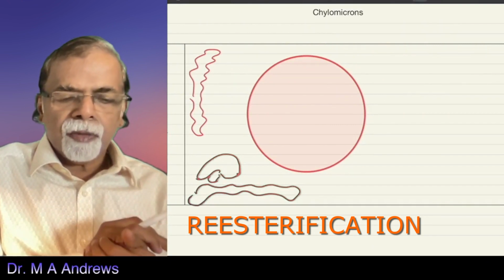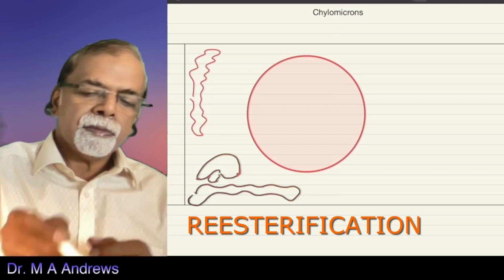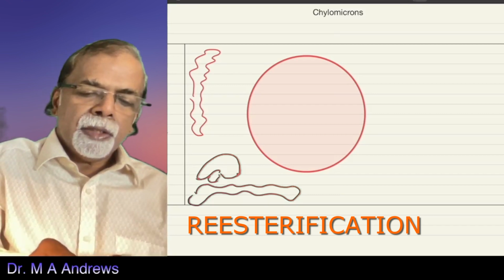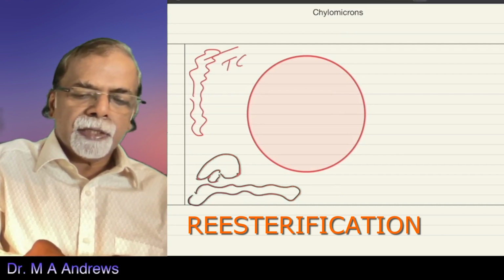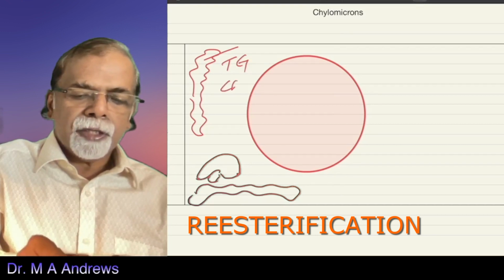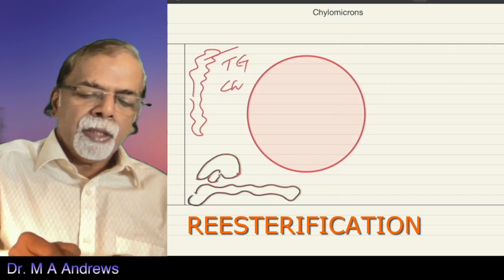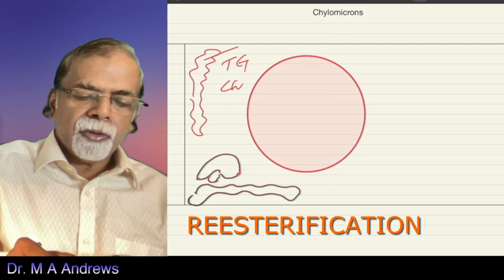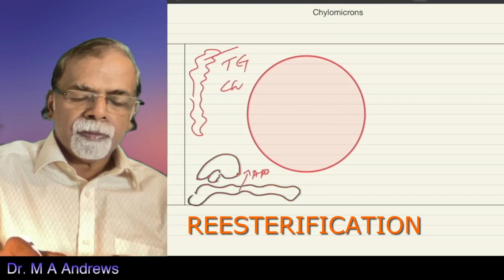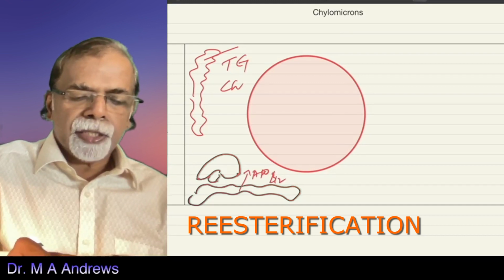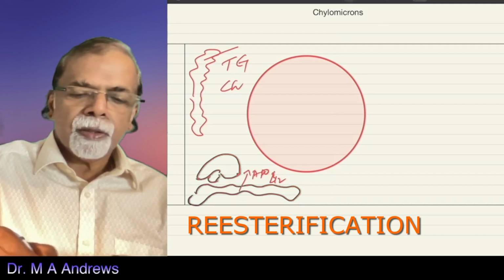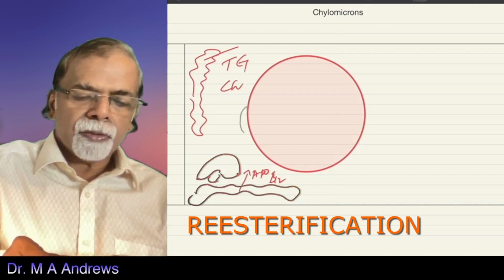This is the formation of chylomicrons which we have described. So in the smooth endoplasmic reticulum, re-esterification occurs. So you get the triglycerides, cholesterol esters, and the rough endoplasmic reticulum produces the lipoproteins, and the Golgi bodies help to get it attached to the chylomicrons.